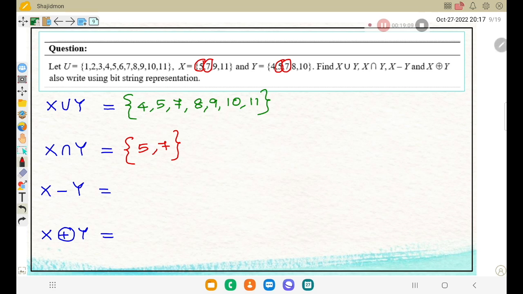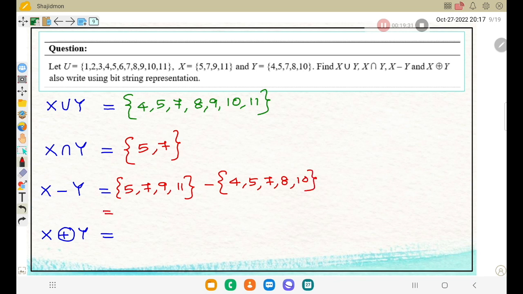Now x minus y, x subtract y, correct? X subtract y means what we are doing. For example, x set 5, 7, 9, 11 minus what is the y set? 4, 5, 7, 8, 10, correct? Now we need to subtract these two sets.